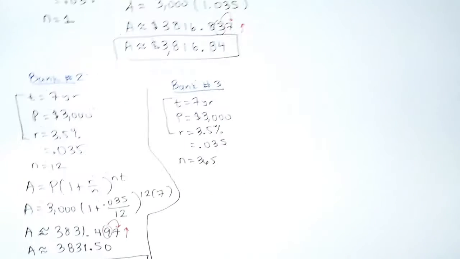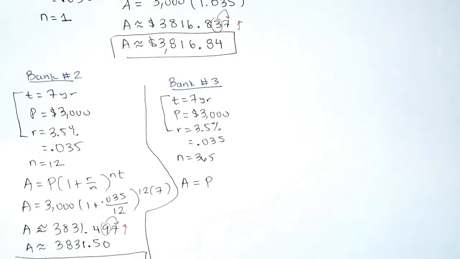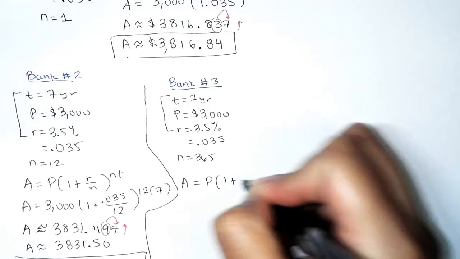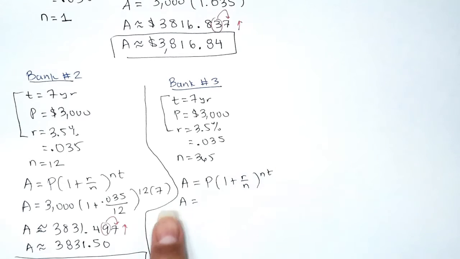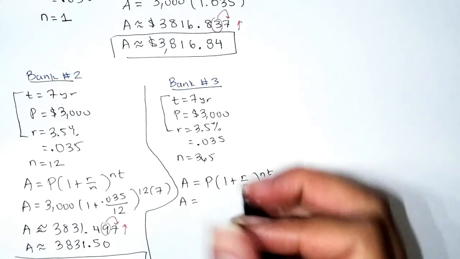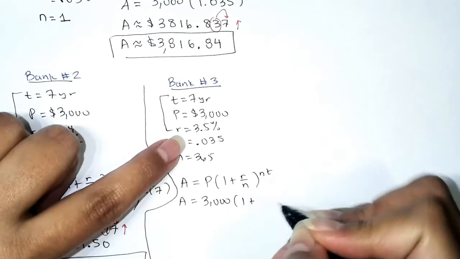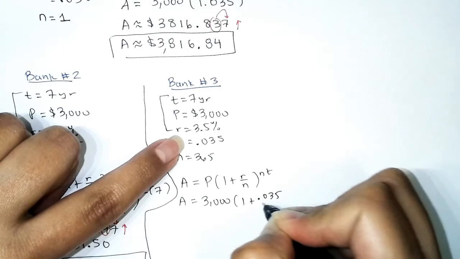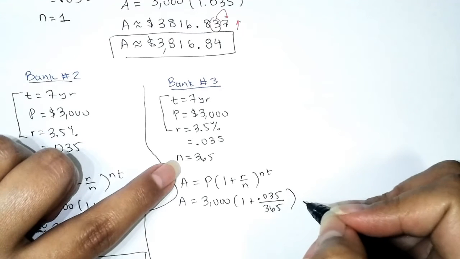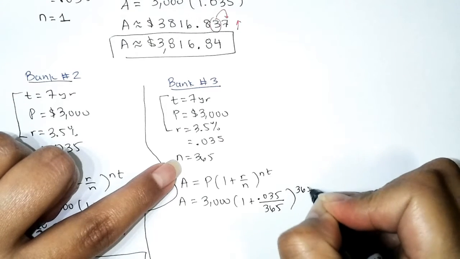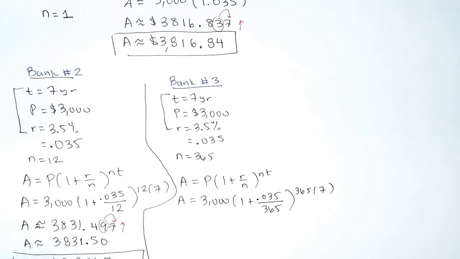All right, let's write down the formula. We want to know the final amount, so A equals P times 1 plus R over N raised to the NT power. So A, the final amount, is given by the principal of 3,000 times 1 plus R, which is 0.035 over N, which is 365, raised to the NT power, which is 365 times T. With your permission, we're just going to go straight to answer.